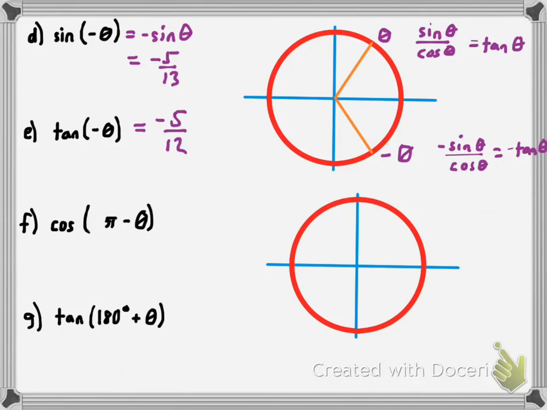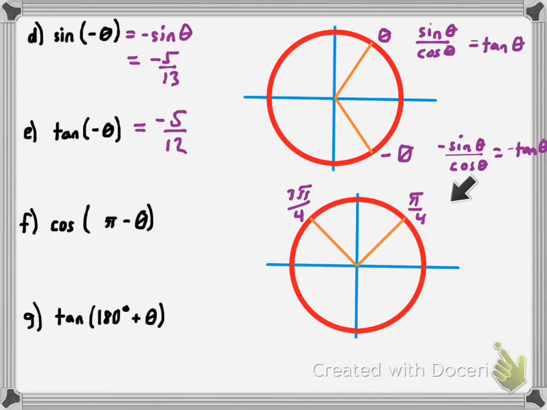Now one more kind of tricky one, then one more easy one here. Alright, this time I'm asking you to find the cosine of pi minus theta, which means I'm asking you to find the cosine of the supplement of theta, right? If two angles add up to pi, then they're supplementary. Now, the sines of two angles are equal if they're supplementary to one another. But you might remember the cosines of two angles, when the angles are supplementary, are opposites of one another. Let me give you a quick example here in a picture.